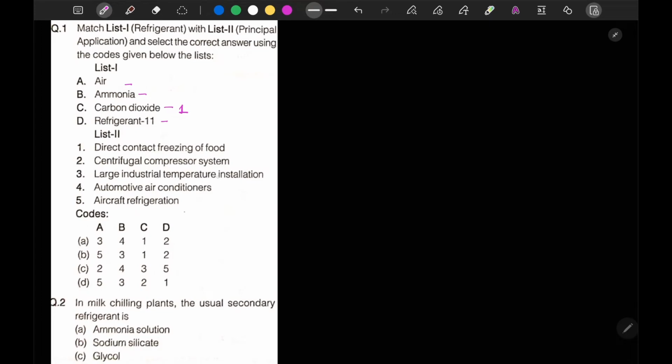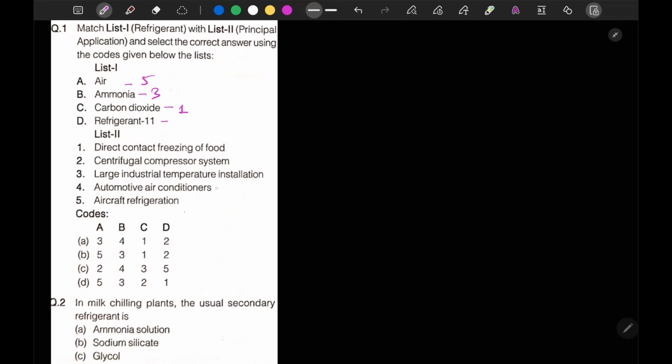Okay, so we know that this large industrial installation is generally done with ammonia refrigerant. Okay, automotive air conditioning. So aircraft refrigeration, I told you that we use air. Okay, now if we talk about R11, there are two options left: centrifugal compressor system and automotive air conditioning.